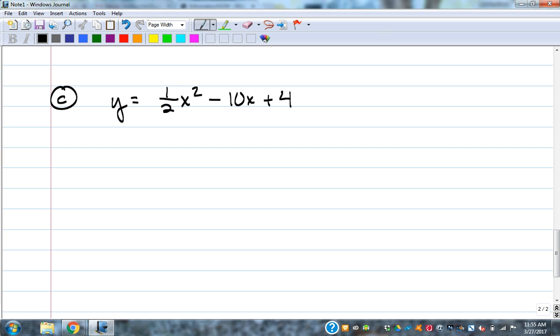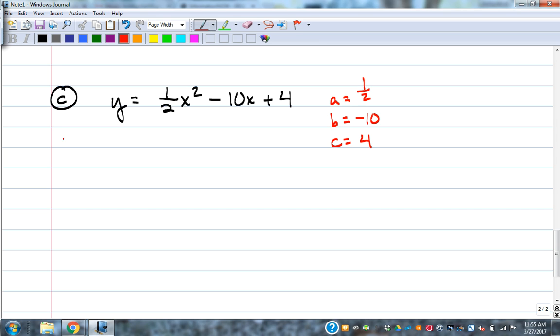All right. So, axis of symmetry. What do we need to do first? Yeah, what's A, B, and C? What's A? Half. B, -10, and C, +4.